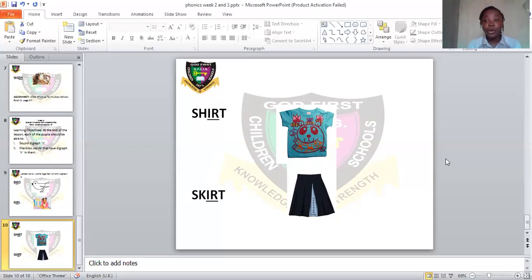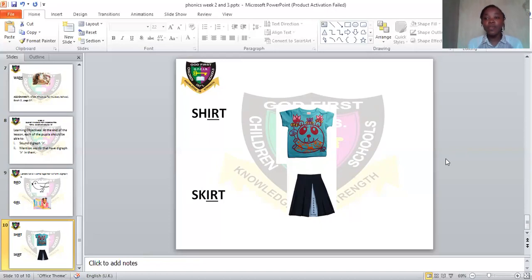Also, we have third. The third person on the line, when we line up on the assembly ground and we count 1, 2, 3, the person that is number 3 is the third person on the line.